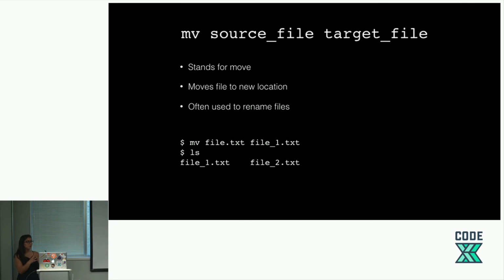It moves your file to a new location, and essentially that is how you can rename a file. If I do an mv, my source file, and then the new location that I want this file at, it will rename and move that file, and I do an ls, and it should show my renamed file. So go ahead and rename one of your files with move.